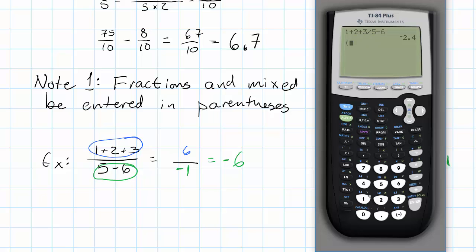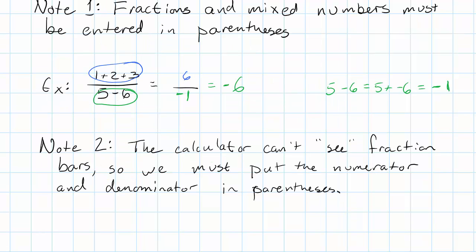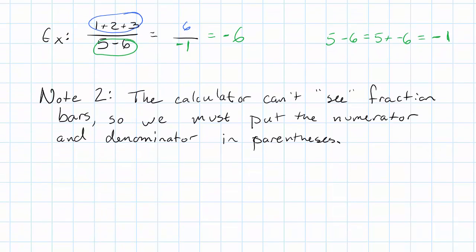I need to put the numerator in parentheses and the denominator also in parentheses. And when I do that, I get the correct answer. So whenever we're entering an expression that includes a fraction bar on the calculator, the calculator can't tell that that slash that we just put in was meant to be a fraction bar, so we have to put the numerator and denominator in parentheses.